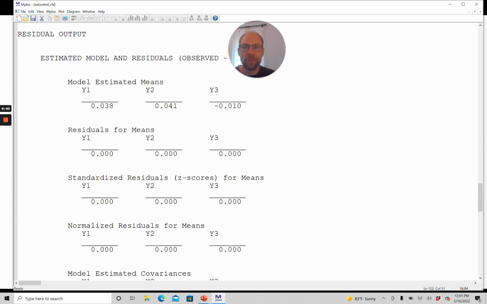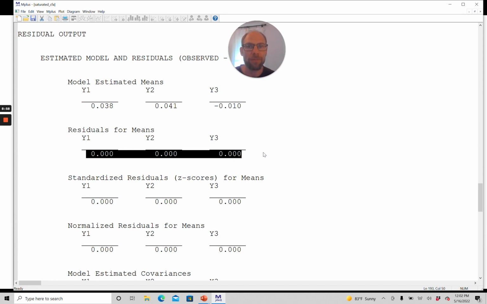If you compare those to the observed means that are given under sample statistics, then you'll find that those are exactly identical. And you can also see this by looking at the residuals, which are all 0, because the residuals give the difference between the observed means and the model implied means.